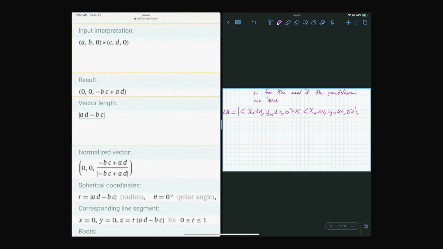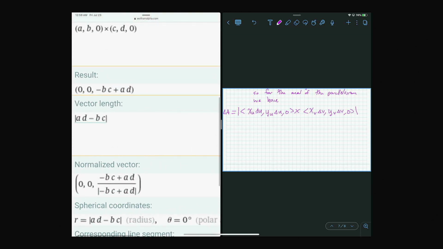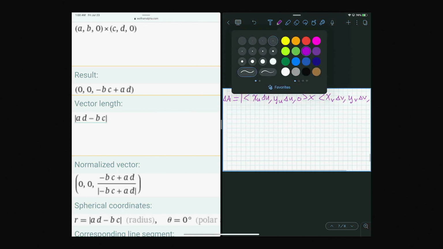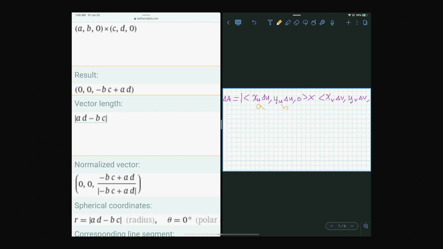Where is it? Okay. Result 0, 0, minus BC plus AD. So if I just copy that, pretending A, B, C, D, that's what I was doing.